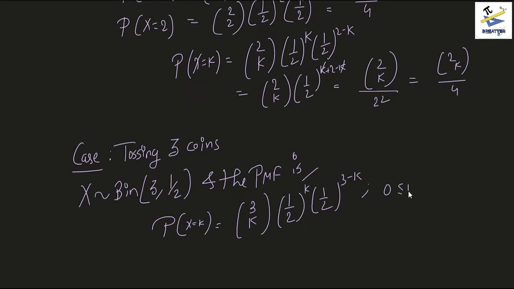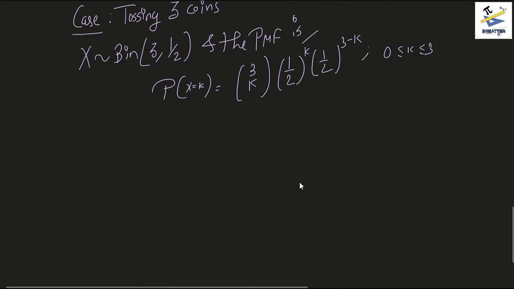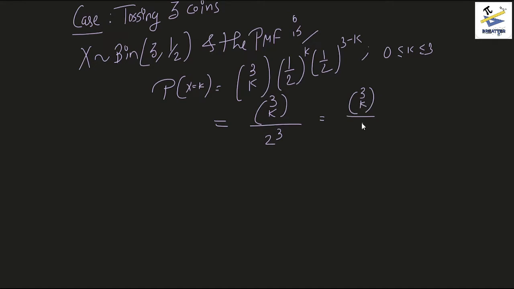For 0 less than or equal to k less than or equal to 3. So if you simplify this part, it becomes 3ck remains in the numerator, and in the denominator you have 2 cube, which is basically 3ck divided by 8.